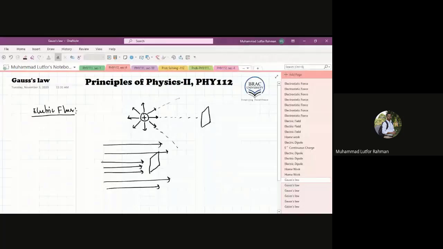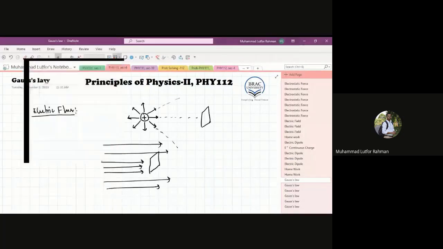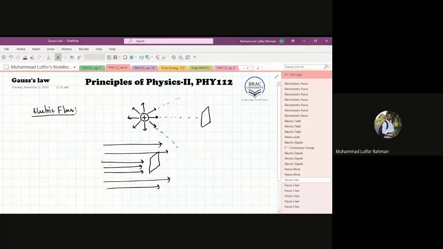If I choose these three, we can say that is the electric flux. The electric field lines which do not penetrate that specific surface area, we don't count as electric flux.